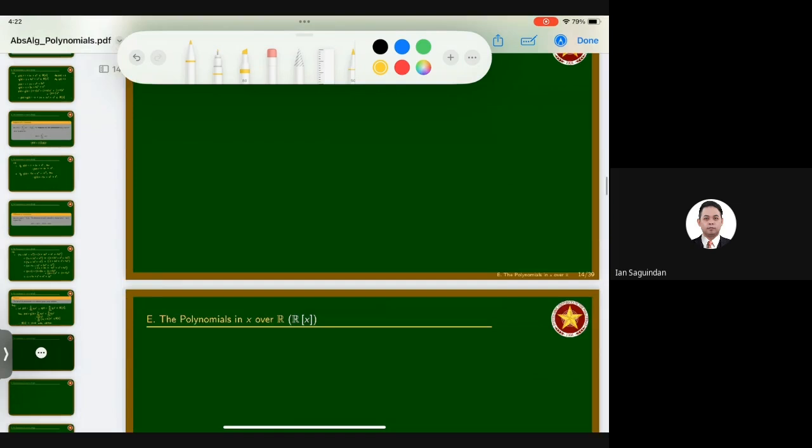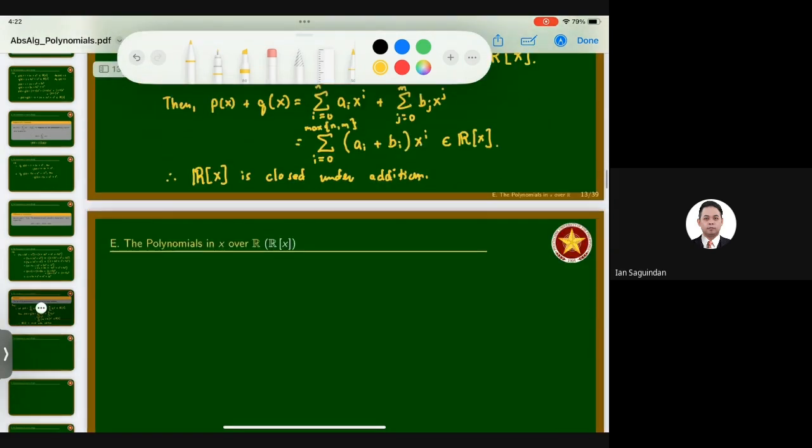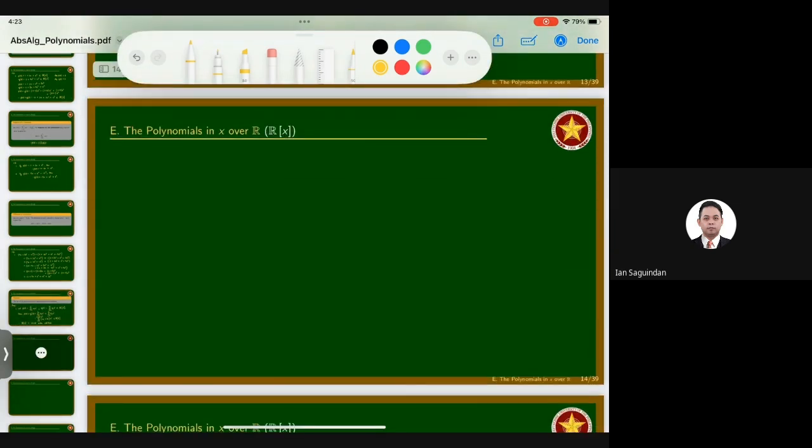Okay, let's have the associativity. For the associativity part, we will be needing three polynomials. Let P of x be of the form, the summation of all a sub i, x to the i, i running from 0 up to n.